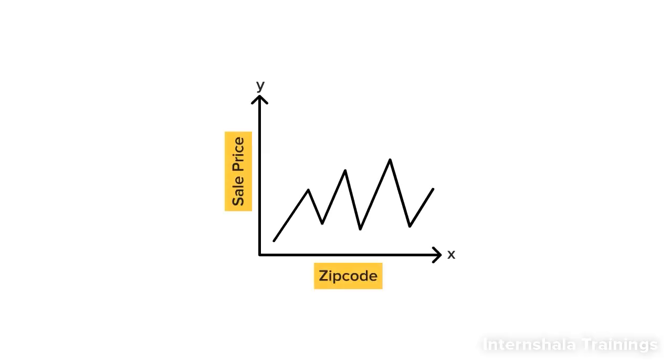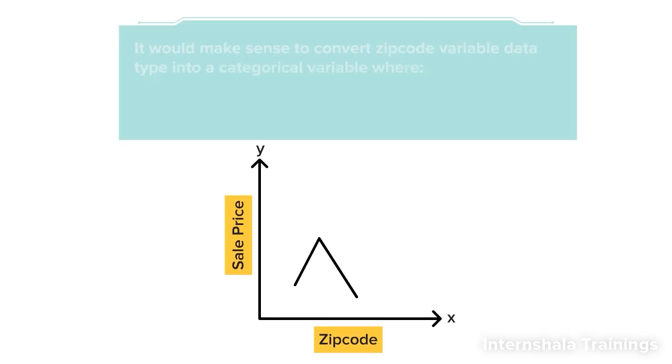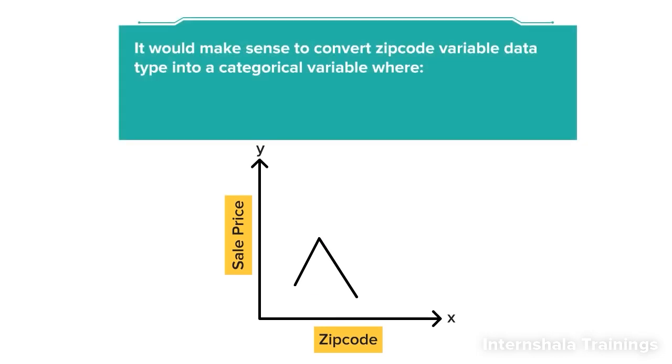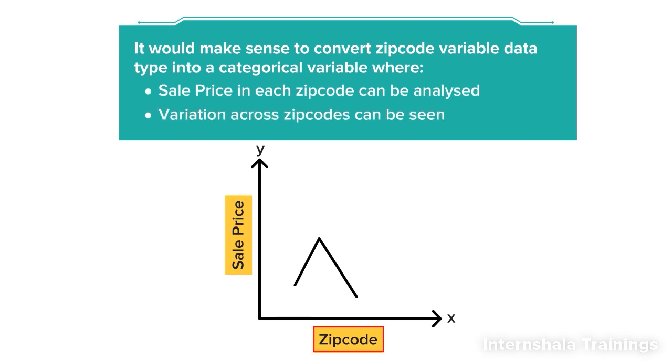However, while house prices may not vary as per a set numerical pattern with zip codes, it is indeed possible that house prices in certain zip codes are higher than others depending on the locality, and hence it would make sense to convert this variable data type into a categorical variable where we can analyze sale price in each zip code and see if there is a variation across zip codes.